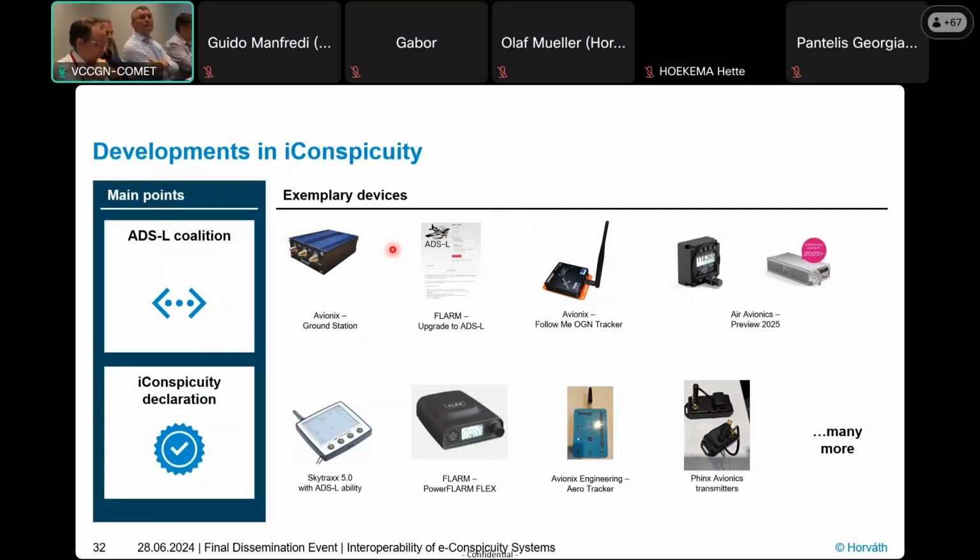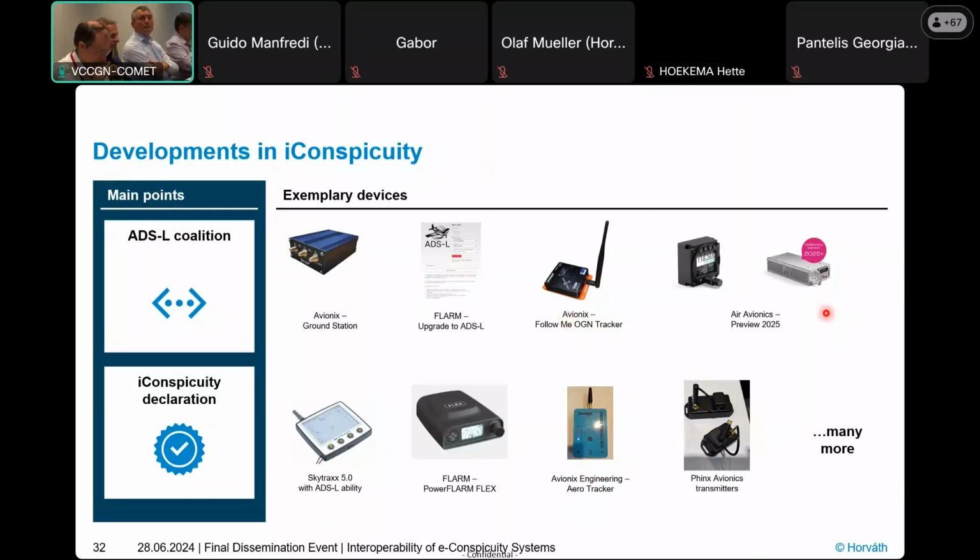You can download it on the website then. And there are also multi-link devices without a very great installation effort. You can just put it onto your glare shield and it works. And we have new traffic receivers like those two, which are connected with Bluetooth and Wi-Fi and mobile connection.